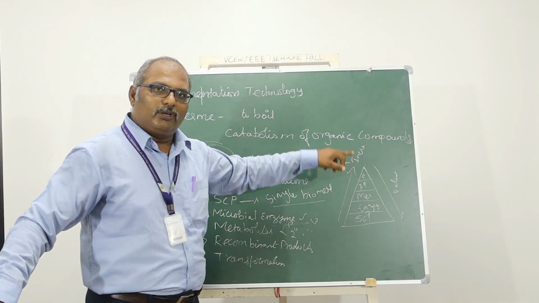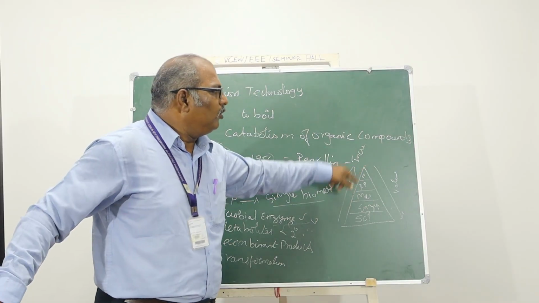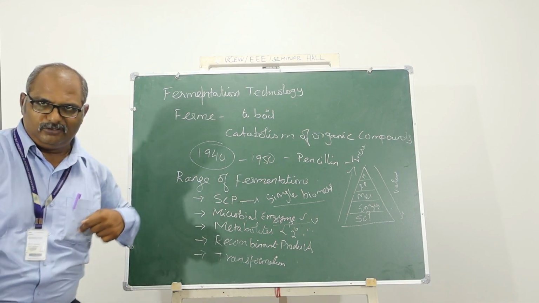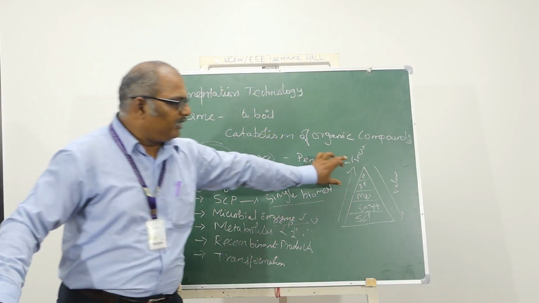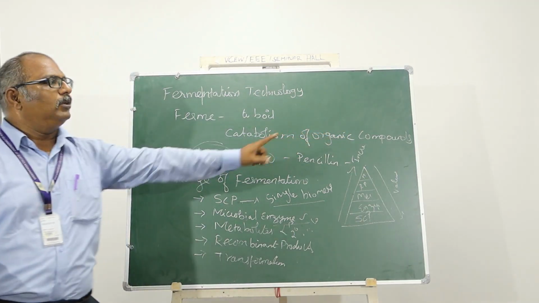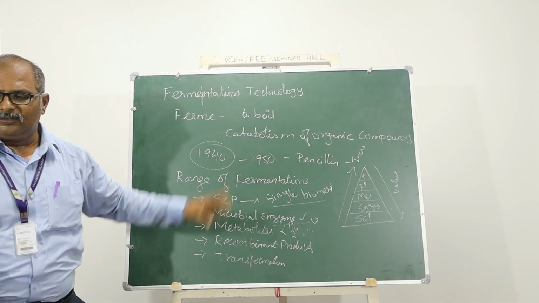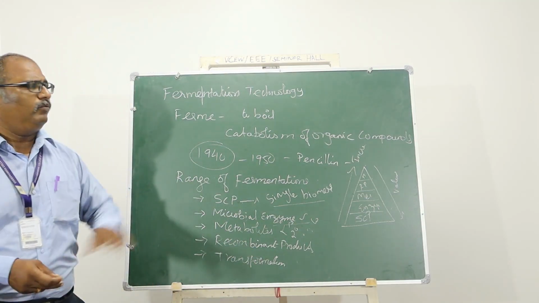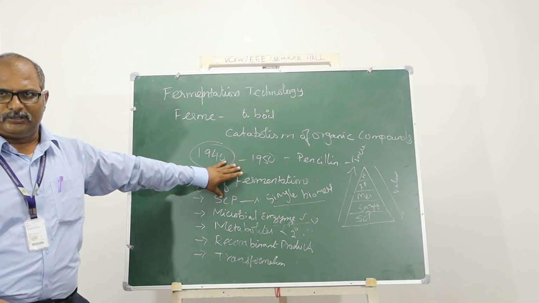So for that, you are spending a lot of money. So in turn, the cost you are receiving is high. The quantity of production is less, but in terms of amount, the yield is high. So these are the ranges of commercial production of the fermentation process.